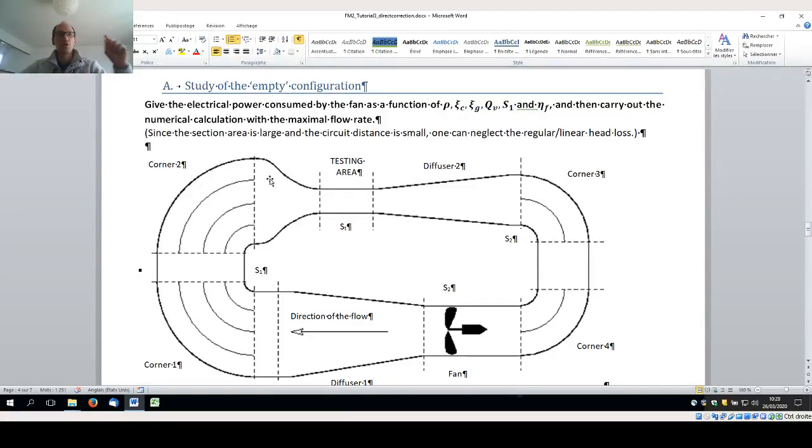I do not know if some of you have an idea about it. So we need to define one control volume. As a reminder, a control volume needs to satisfy some properties, especially to apply the generalized Bernoulli equation.